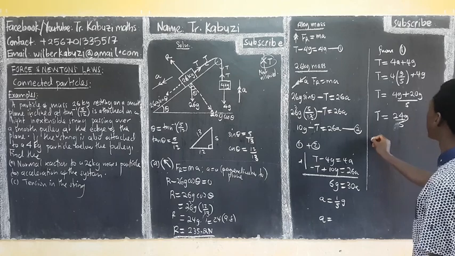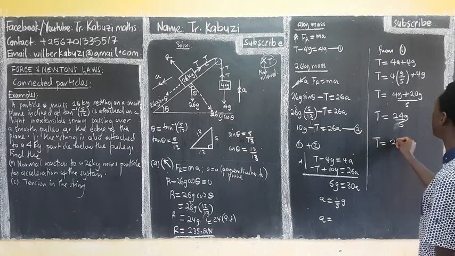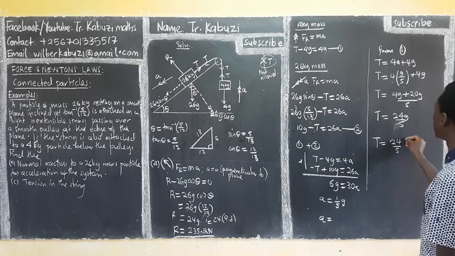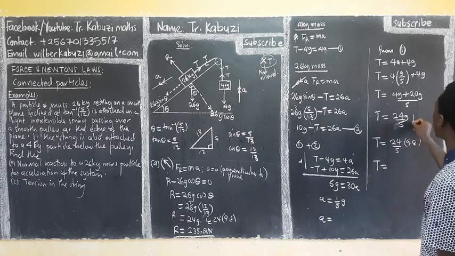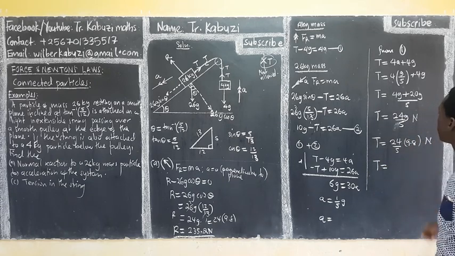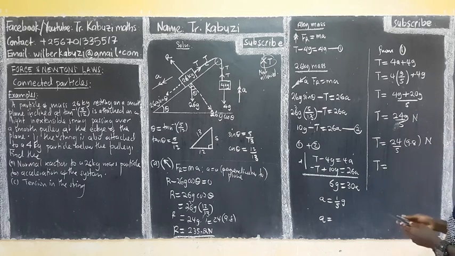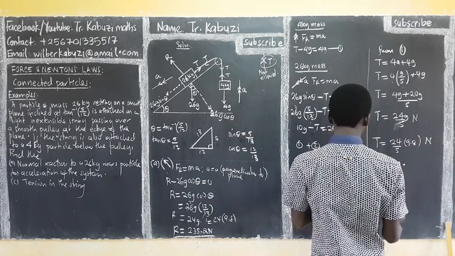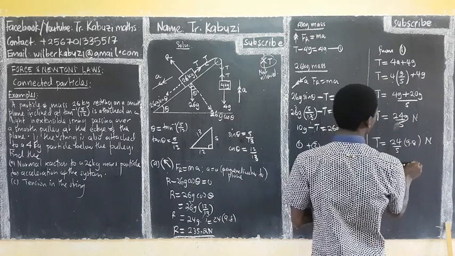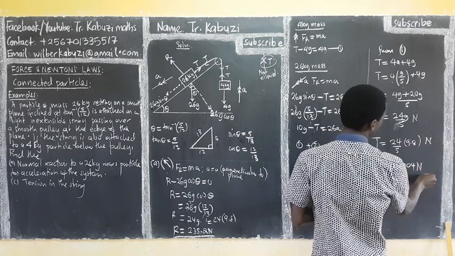And then from here, you can put your g as 9.8. These are newtons because it's a force. So from there, we can simply say 24 divided by 5 times 9.8. Here I'm getting 47.04 newtons.